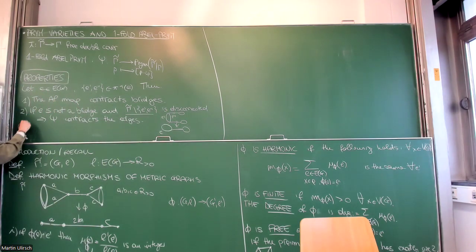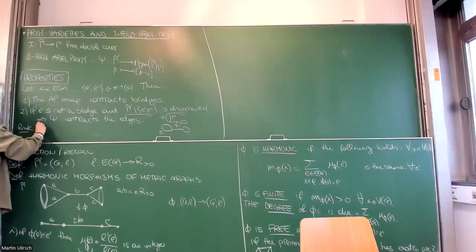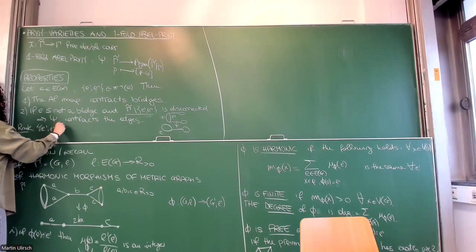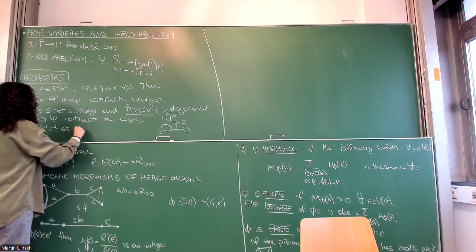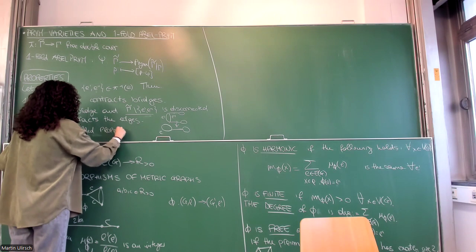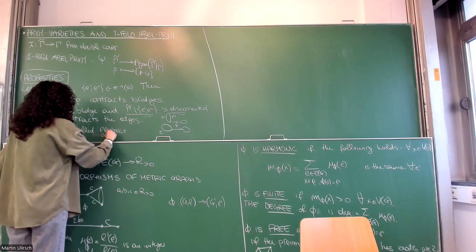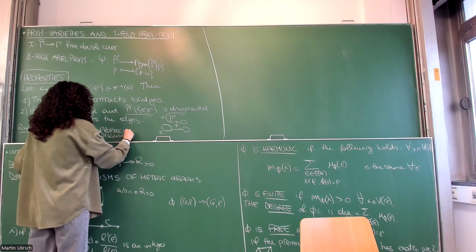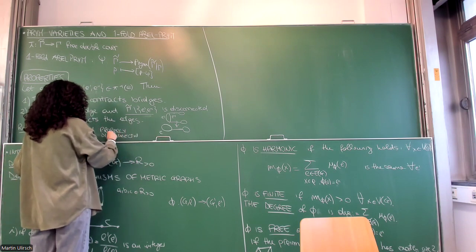And since we will use them again, we will call them properly disconnecting pairs, meaning that without one edge, it doesn't disconnect the graph, but two of them disconnect the graph. E prime and E second prime are called properly disconnecting pairs.